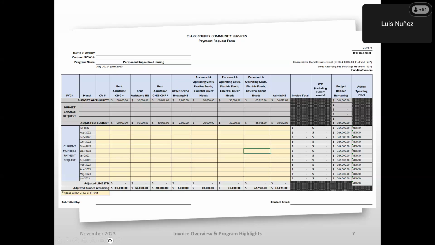So each time you are submitting an invoice, make sure that the admin spending is at 11%. If it's not, then program staff might adjust the total admin spending to equate that percentage, and then we'll email you to update your PRF with that new total.